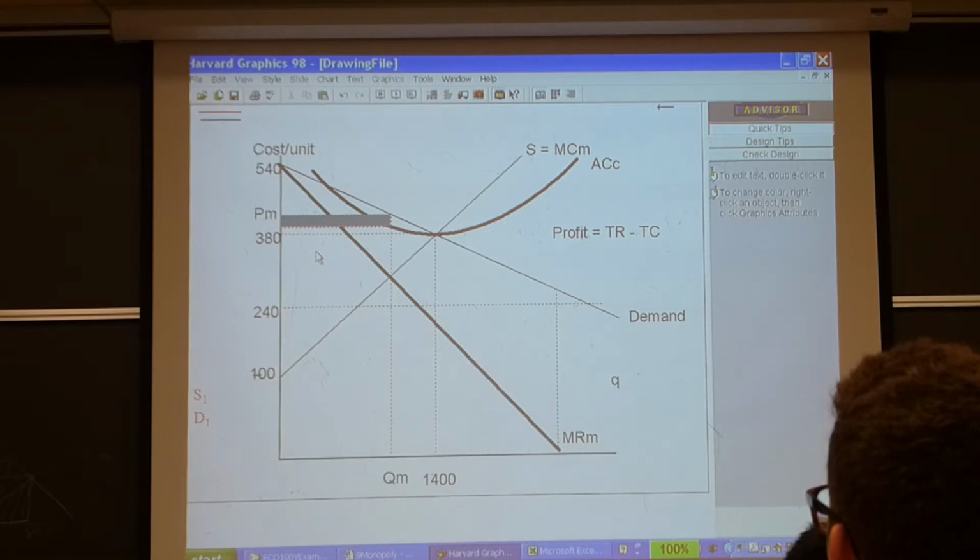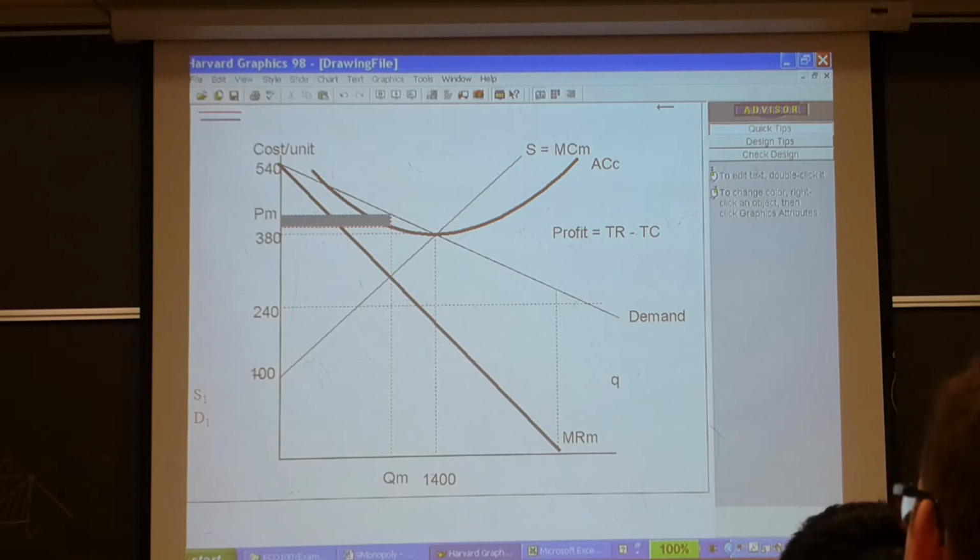Fixed cost is fixed. What happens to variable cost as the monopolist produces less? What do you think? It decreases. It has to decrease. As you produce less, your total variable cost, your labor, fuel costs fall. So it turns out, in this direction, there are no exceptions. I'll put here.